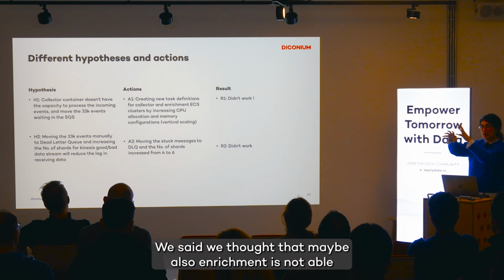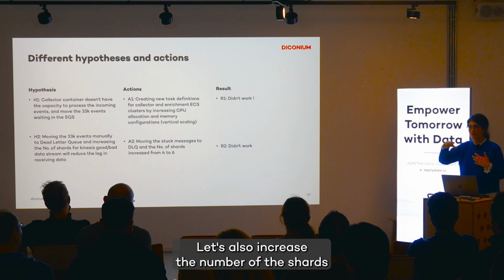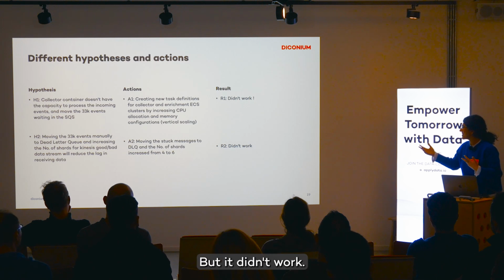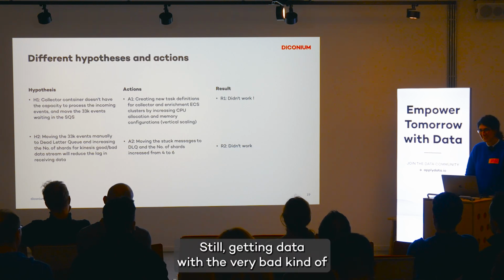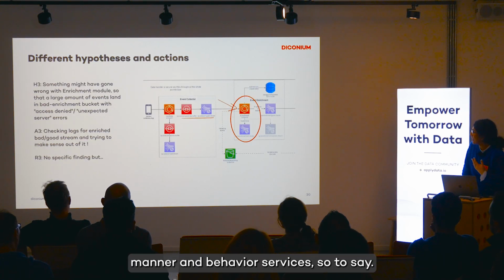We thought that maybe enrichment is also not able to handle this amount of data. Let's also increase the number of shards for the enrichment, giving everyone the power to work, but it didn't work. We were still getting data in a very bad manner and behavior, so to say.